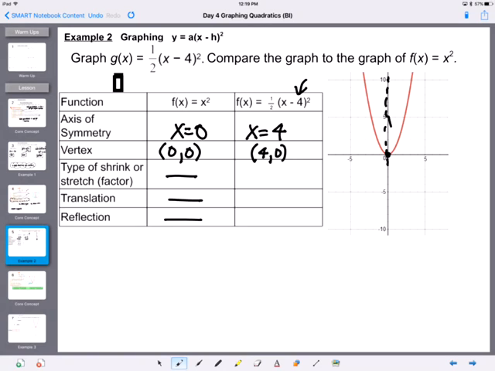So we can make a vertex on our coordinate plane at 4, 0. We know our axis of symmetry cuts that in half and is the line x equals 4. If we have a 1/2, so our a is between 0 and 1, we are going to have a vertical shrink of 1/2.